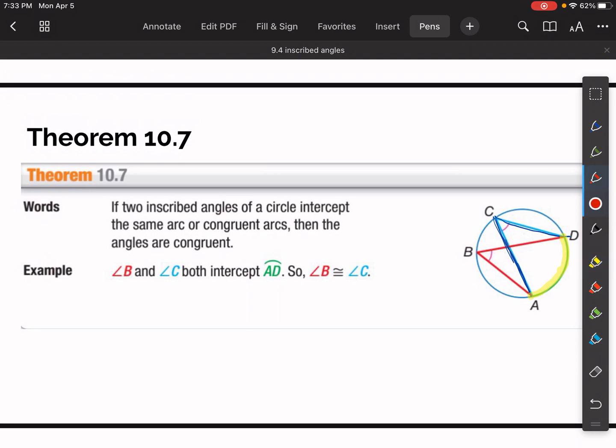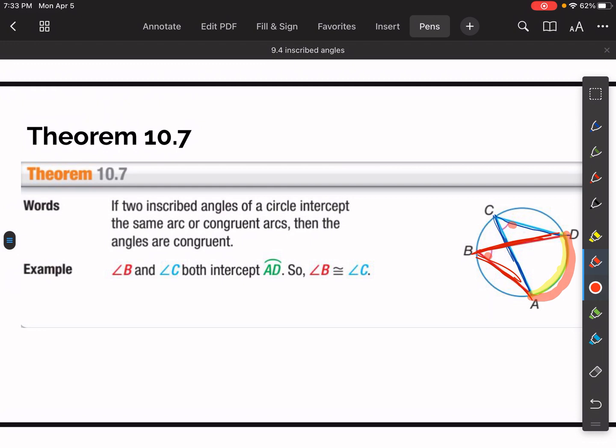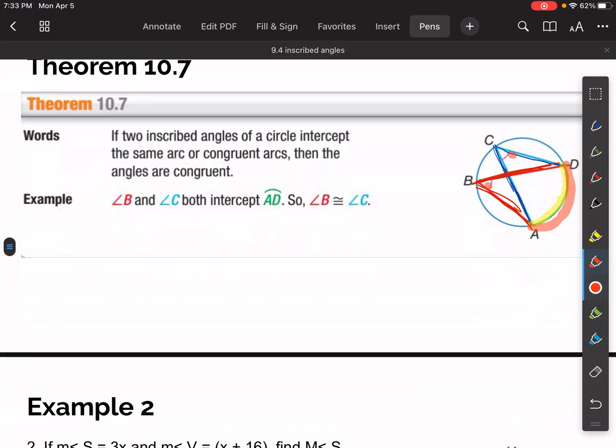Then if you follow the red lines here, it intercepts the same arc AD, right? So that means that these angles have to be the exact same. So two inscribed angles of a circle intercept the same arc or congruent arcs, then the angles are congruent. So we know that because of the rule, right? And it'll be exactly half of whatever AD is.